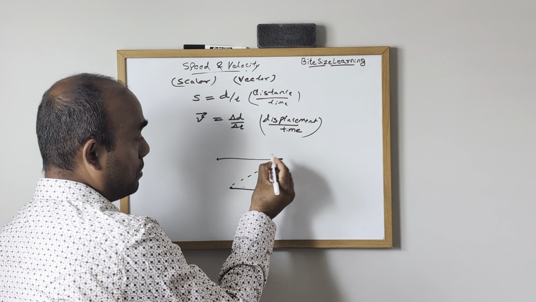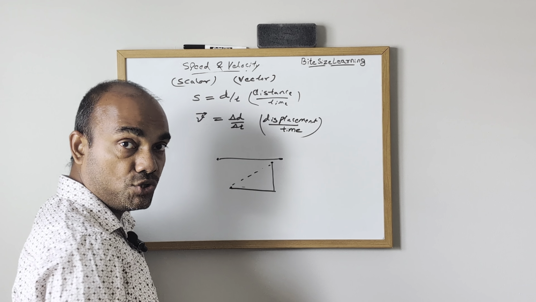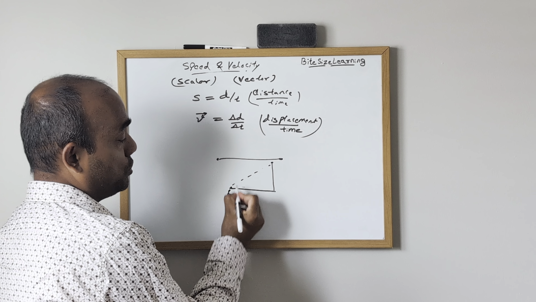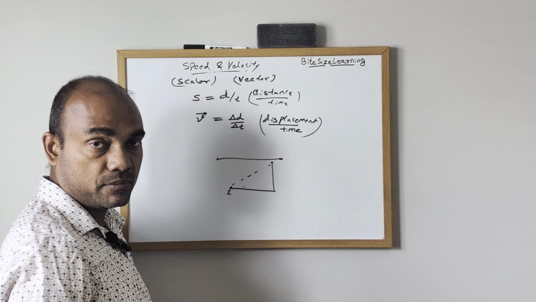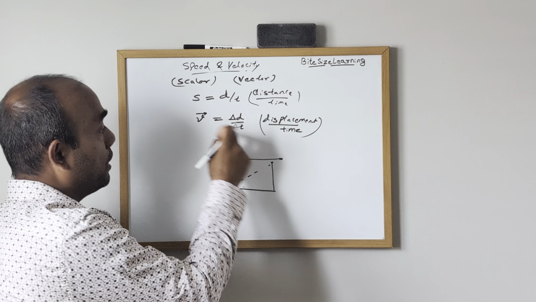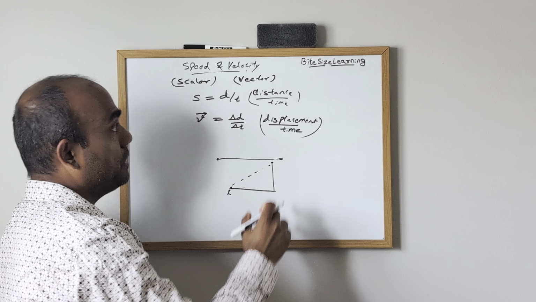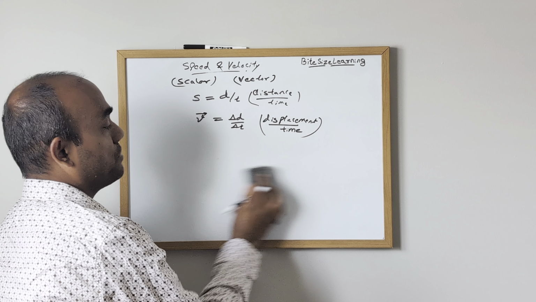So the final position of that object from the initial position is the displacement, and that is what you use to calculate velocity. To calculate distance, you will take the complete distance that the object has traveled.